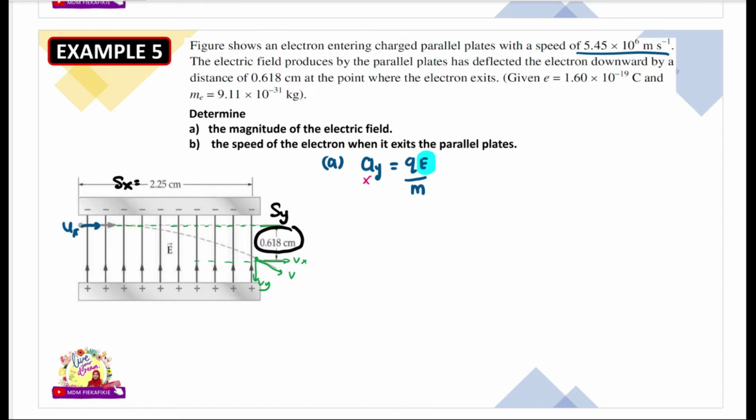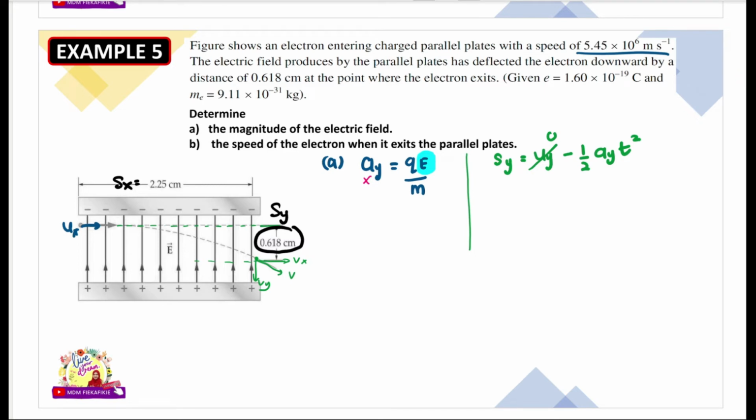So we can calculate AY by using equation, sebab soalan bagi saya SY, dan kita tahu UY mesti kosong, minus. Kenapa minus? Sebab tengok dekat sini, direction of A is downward, so that's why AY ini negative. SY pun samalah negatif.